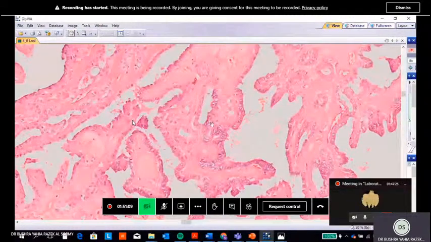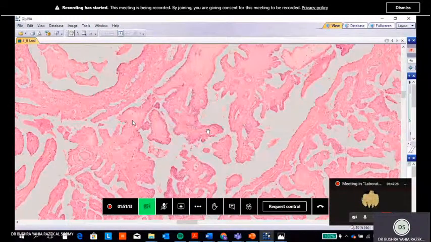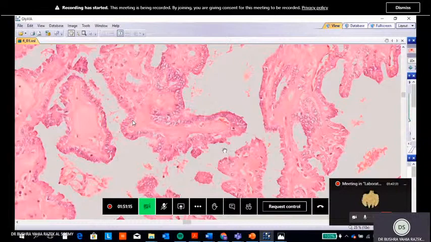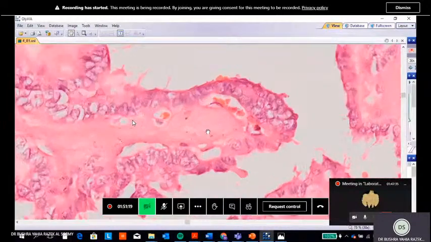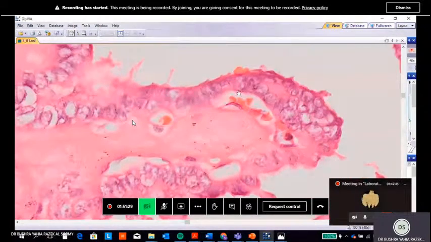But this one we call true papillae, because look at the line. This is the papilla, isn't it? And inside it is the fibrovascular core. You can see blood vessels there, and the connective tissue.